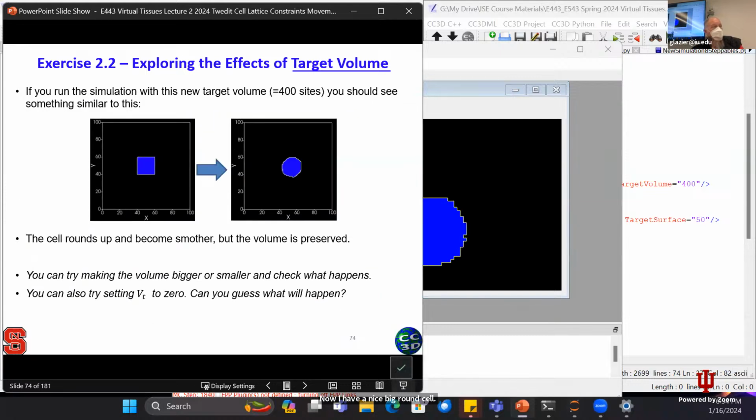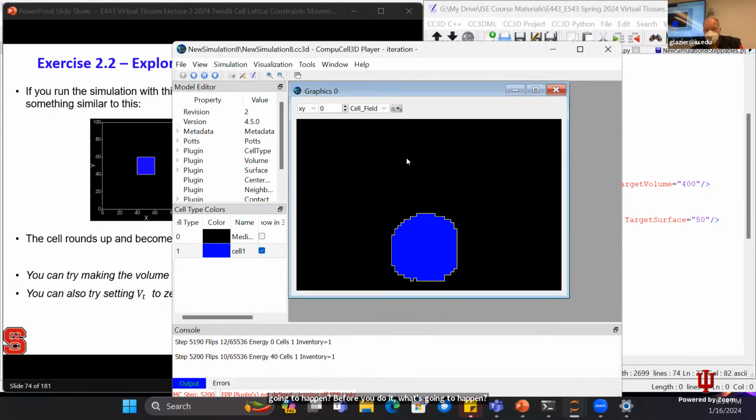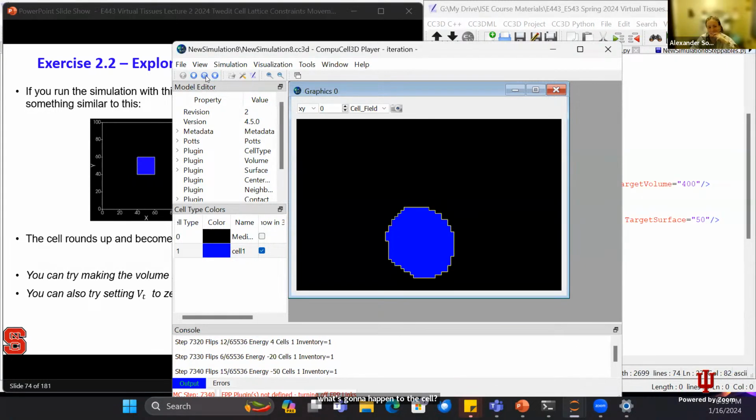Now, there's a game you can play. What would happen if you set V target to 0? What's going to happen? Before you do it, what's going to happen? Somebody? Somebody online? Alex, if I make V target 0, what's going to happen to the cell? Not sure. Try it. Let me know.